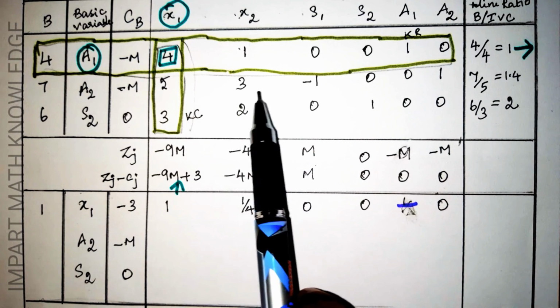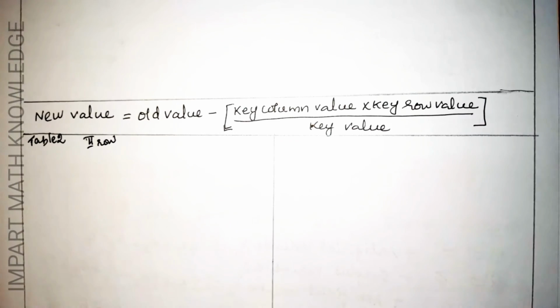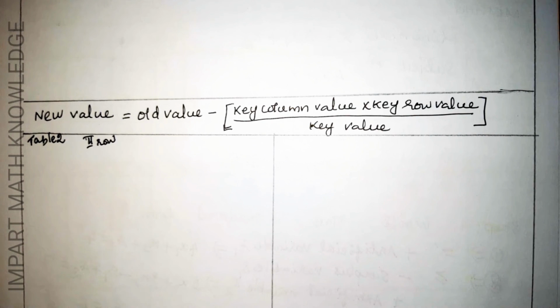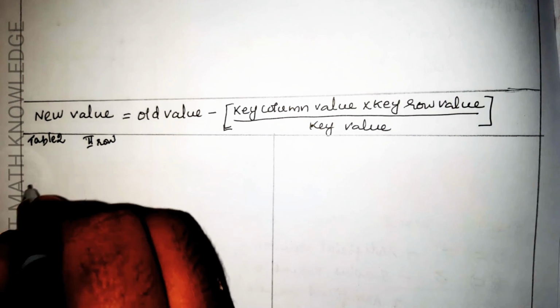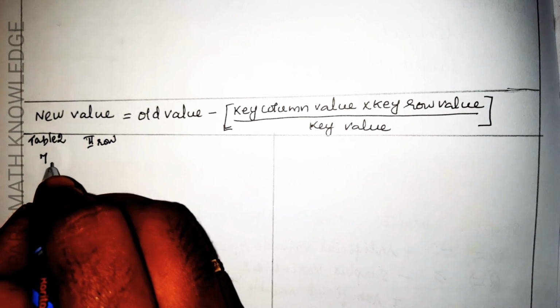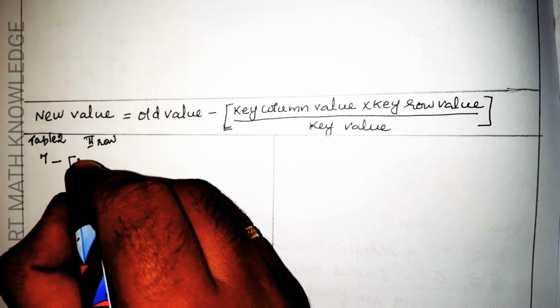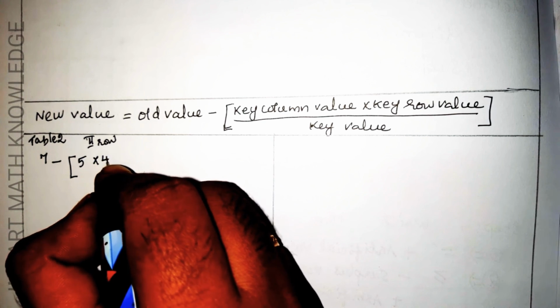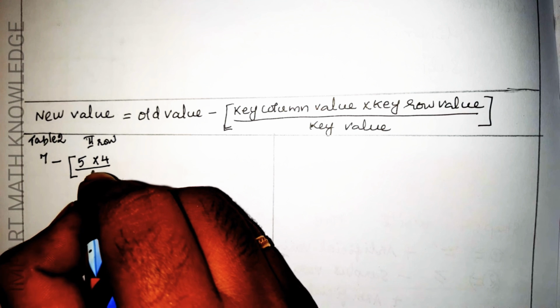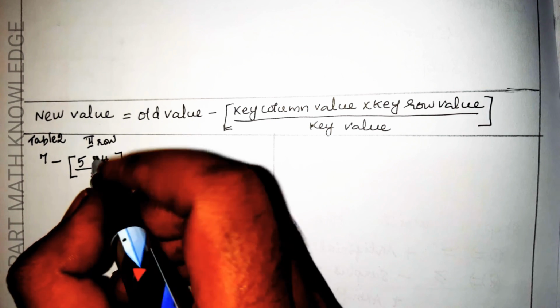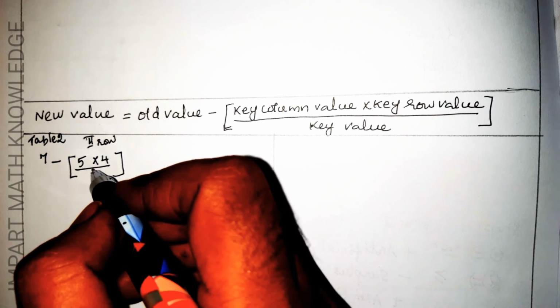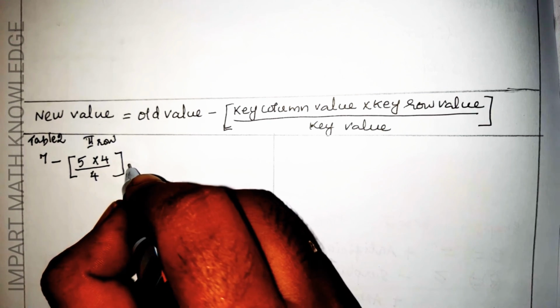Like that you have to do for all the other values. Let me write. First, old value 7 minus key column value 5, key row value 4 divided by 4. The key column value and key value will not change for all the values.